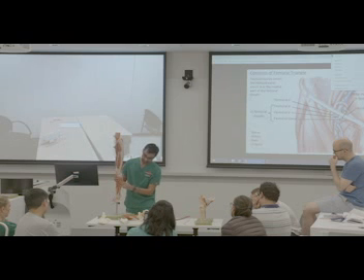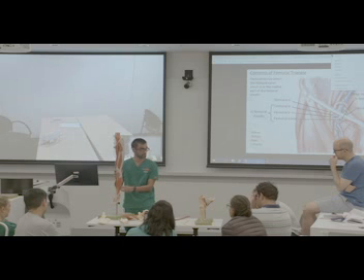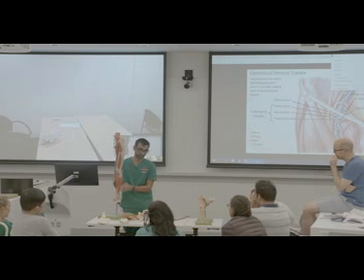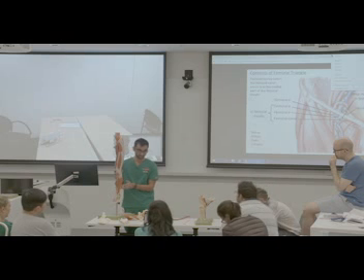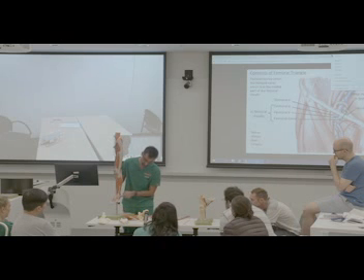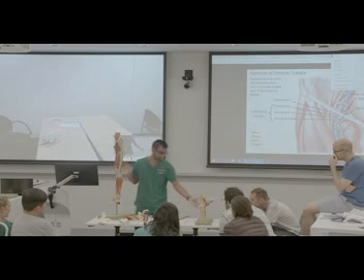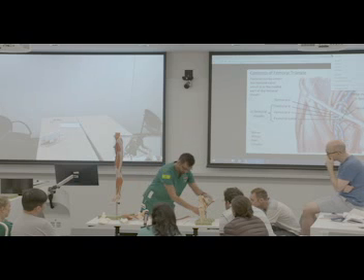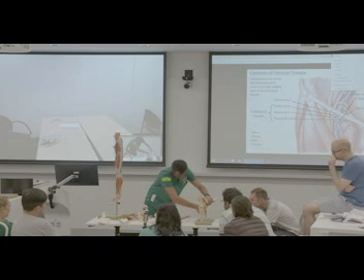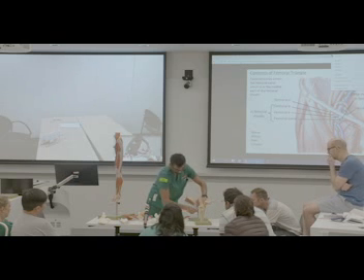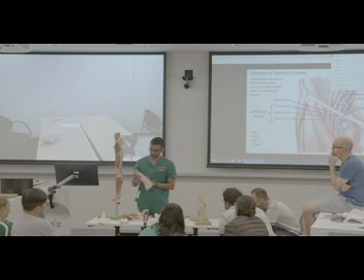This is where it gets quite confusing, muscle-wise, from here downwards. Lateral compartment muscles: Peroneus Longus, Peroneus Brevis. Peroneus Brevis will go down and insert into the base of the fifth metatarsal.